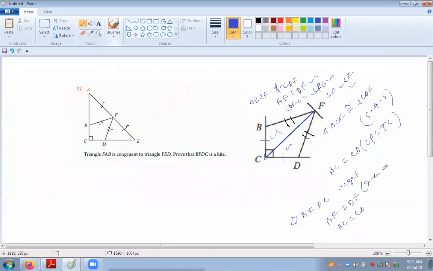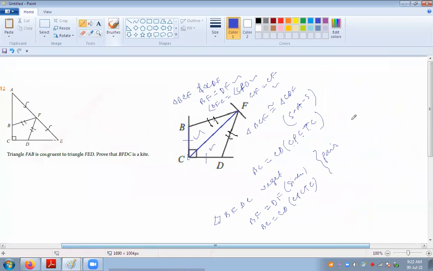This was given and this was proved by CPCTC. So these are the pairs of congruent sides.